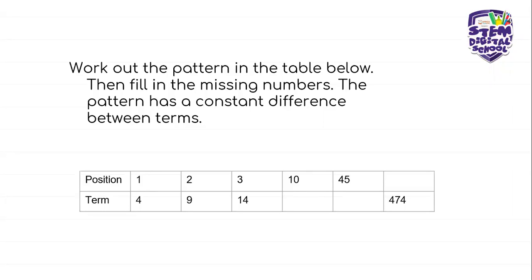And then you do the same with position 45. You multiply it by the constant difference, which is 5. So 45 times 5 will definitely give you 225. And then 225 minus 1, you will be left with 224. We'll come to that. For now, I'm still showing you just by inspection.